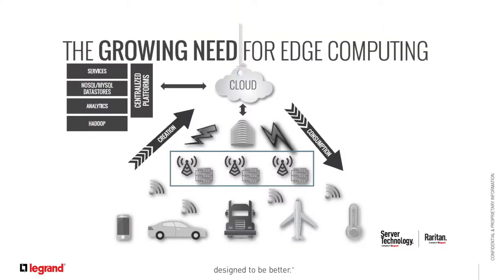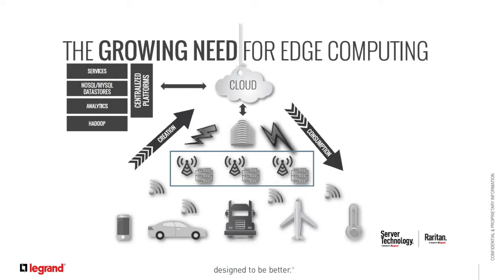Well, if you look at the confluence of all of the different data sources of creation and the points of consumption that will be coming, I think you'll begin to understand we're not going to be able to put in fiber fast enough to accommodate all of that traffic to go to the cloud.